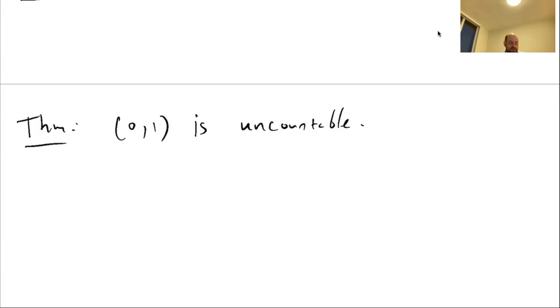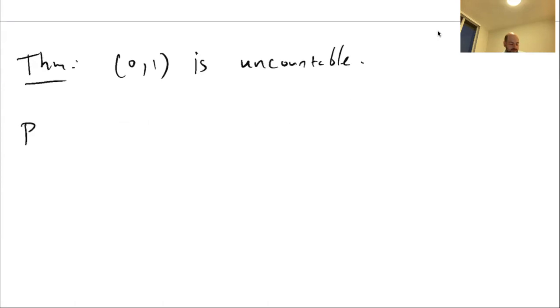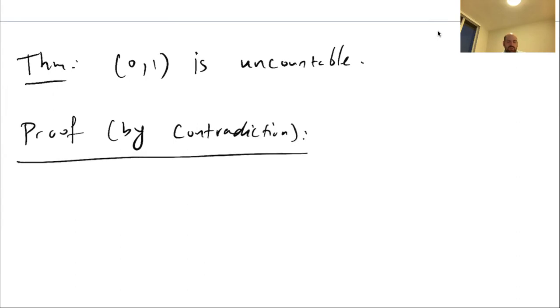How can I show that this is uncountable? So, proof. The proof is by contradiction. In proof by contradiction, do you remember what we do? We have to assume what we want to show is wrong, right? So suppose that this interval 0 to 1 is countable.